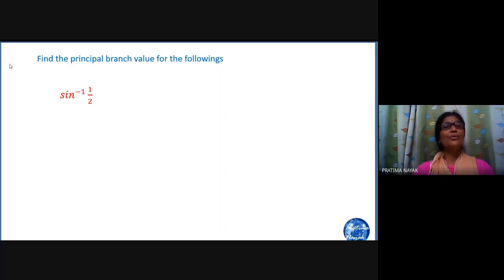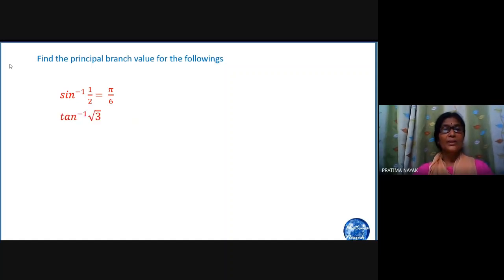Now we'll go for some principal branch values to understand better. What will be the principal branch value of sine inverse half? It will be simple. It will be pi by 6. Why? Because sine pi by 6 is half.